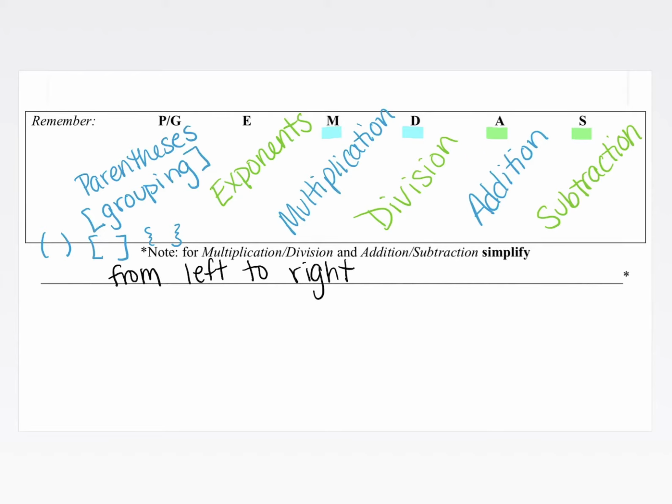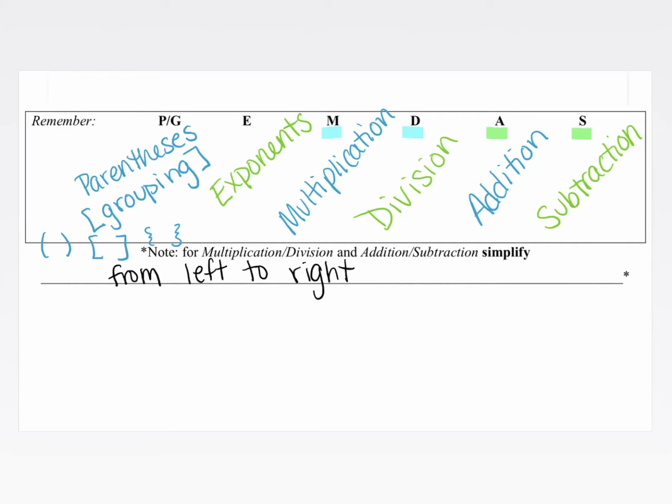However, if we're looking from left to right and we see division first, before multiplication, we want to simplify the division first and then the multiplication. Also, if we see subtraction first and then addition, we want to simplify the subtraction. So either way, the M and the D, we should simplify those first before we simplify the A and the S, the addition and subtraction.